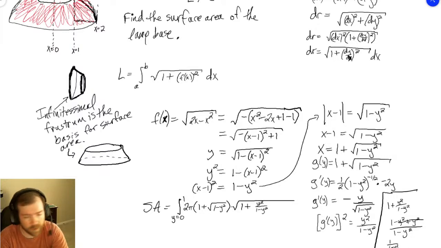So 1 over 1 minus y squared. It's going to be equal to the 1 plus parentheses g prime of y squared term that we had there. So this whole integral here is going to end up becoming the square root of 1 over 1 minus y squared.